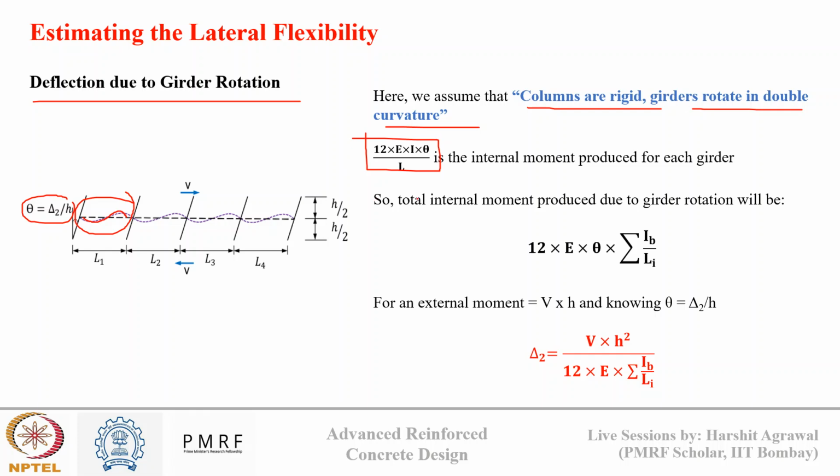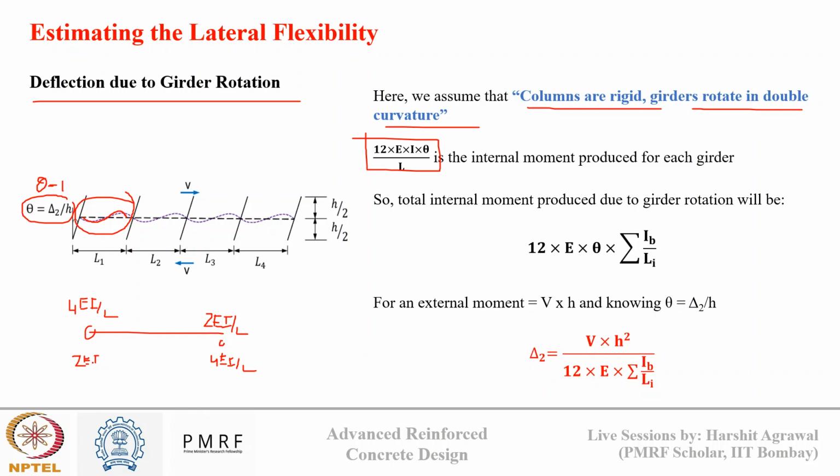Now how do we get this value? Suppose I give a unit rotation, theta equal to 1. From basic structural mechanics, we have seen that at the near end the moment generated is 4EI by L, and at the far end it carries half of this, that is 2EI by L. If the same rotation is given at this end, then it will be 4EI by L here, and 2EI by L will be carried over here.